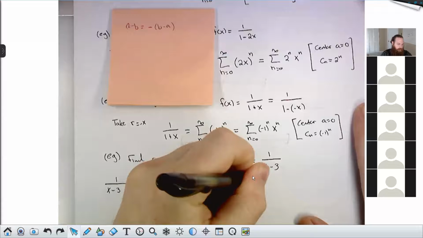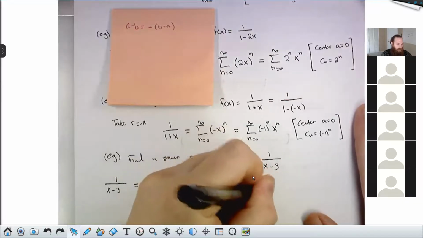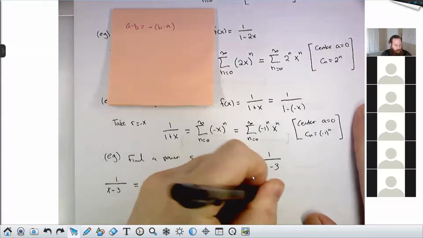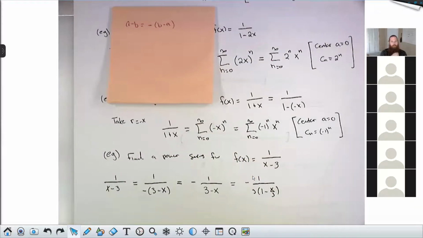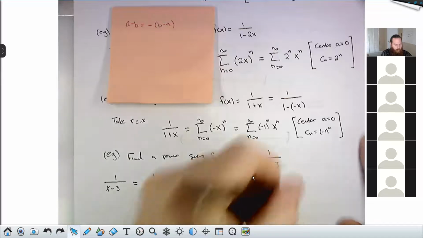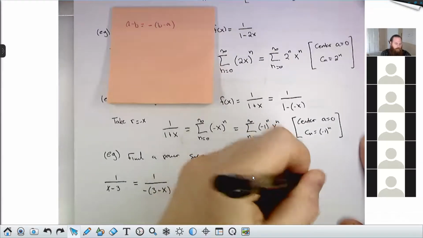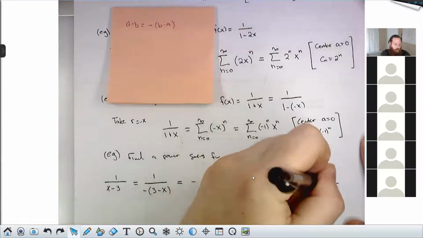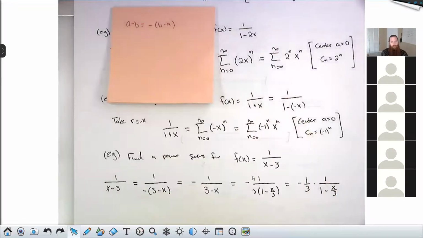And I'll have negative 1 over 3 times 1 minus x over 3. And at that point, the 1/3 would just be a coefficient. So the 1/3 is going to pop out. I'll have a negative 1/3 times 1 over 1 minus x over 3 like this.